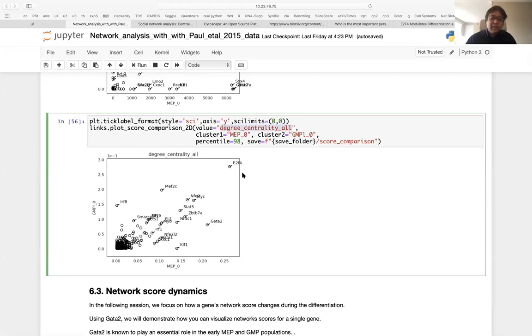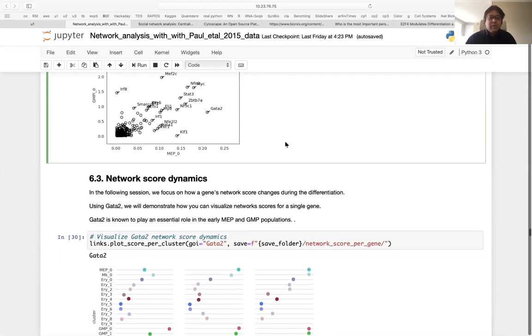This comparison does not necessarily mean the similarity of the network, but you can compare the importance of this gene focusing on this score, which may be really useful.